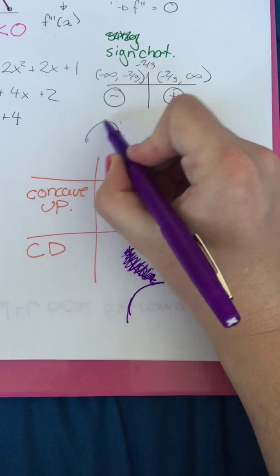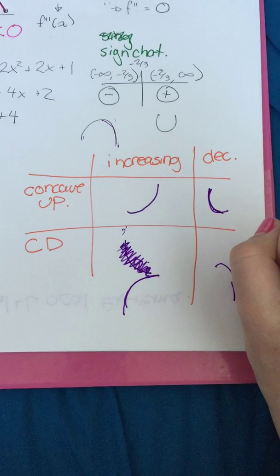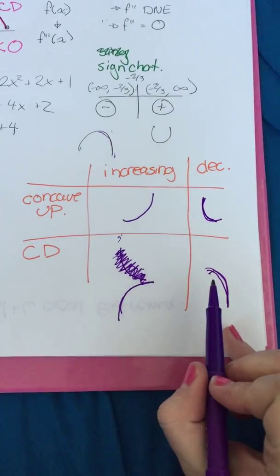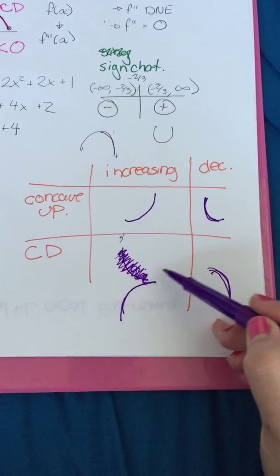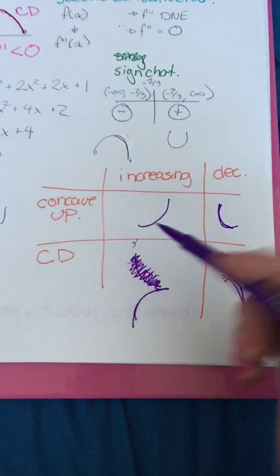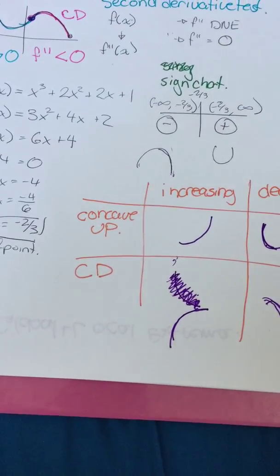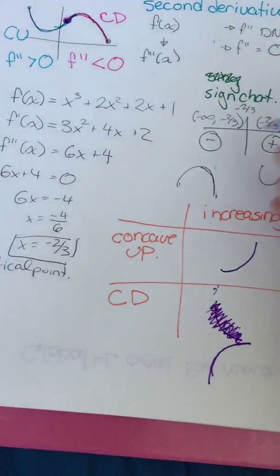And then if we're still on concave down and we're decreasing, it's going to come along this line like that, and we're going to have this function. So we know that we're going to get a local max whenever we go from increasing to decreasing and concave down, right? So with these 4 different types, let me just remind you that these represent different values of our function.